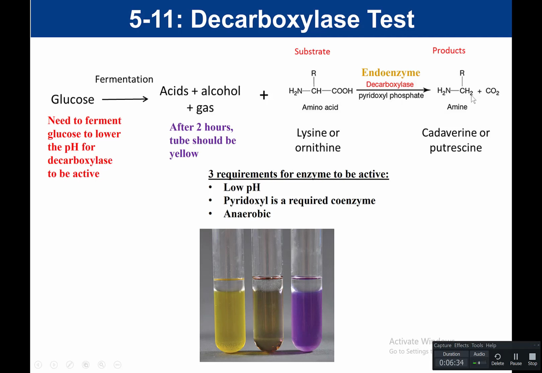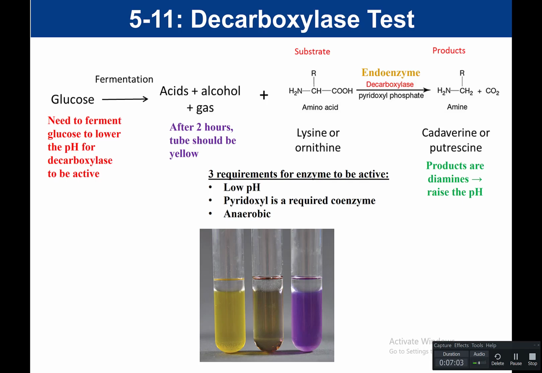We get our diamine, and those amino groups are going to raise the pH, meaning it's going to make the pH more alkaline. The pH is going to go up. Depending on our substrate, you're going to get a different product. For lysine, the product is going to be cadaverine.